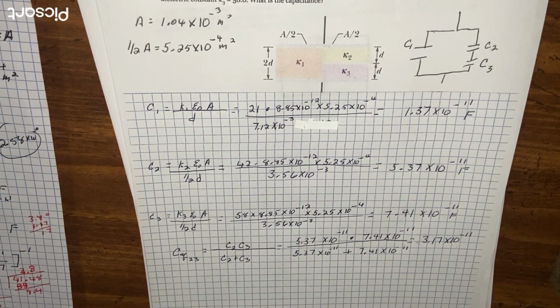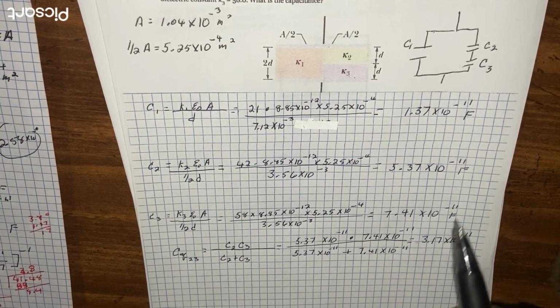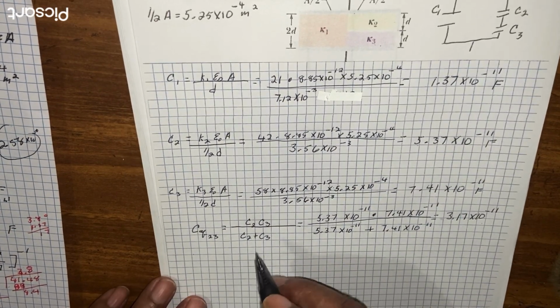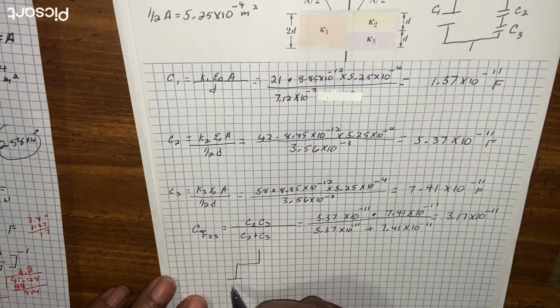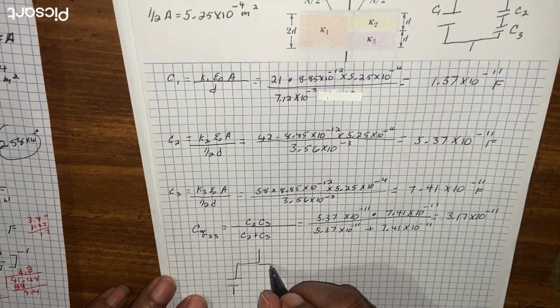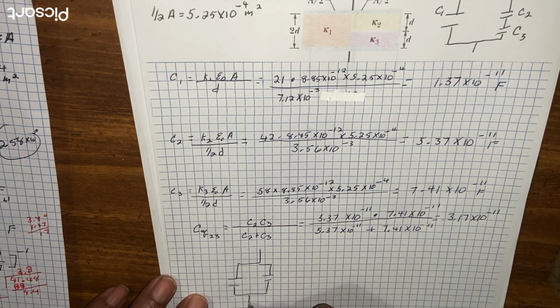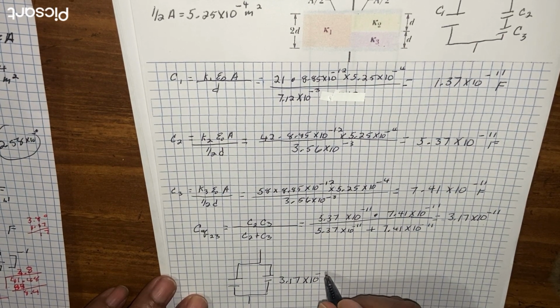Now all we have to do to get the equivalent capacitance, since these now are parallel, this is what we have. We have now two parallel capacitors. This one's going to equal 3.17 times 10 to the minus 11.